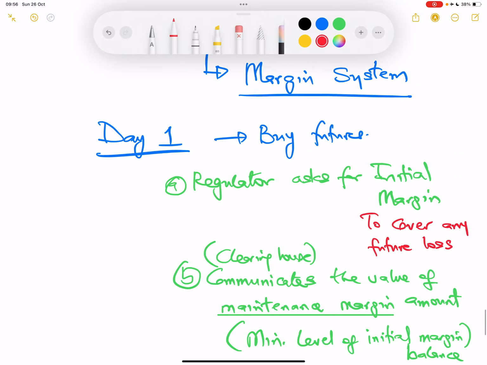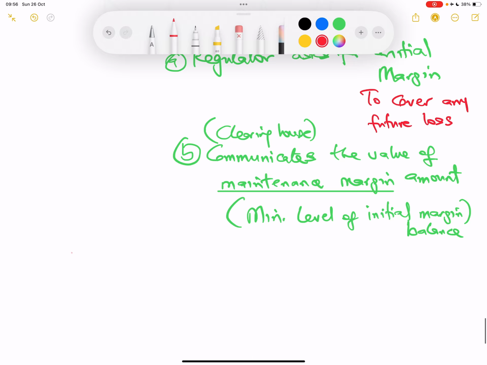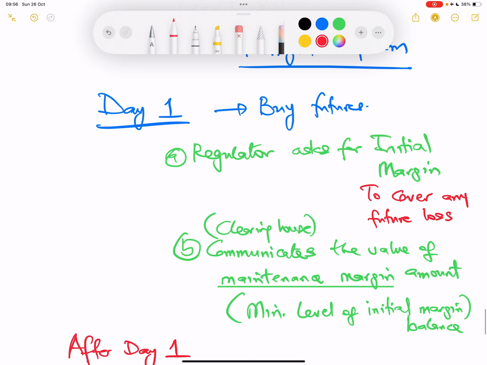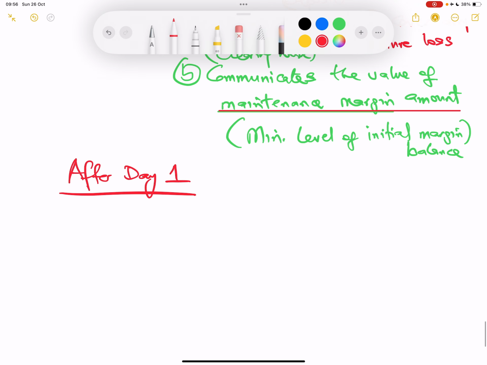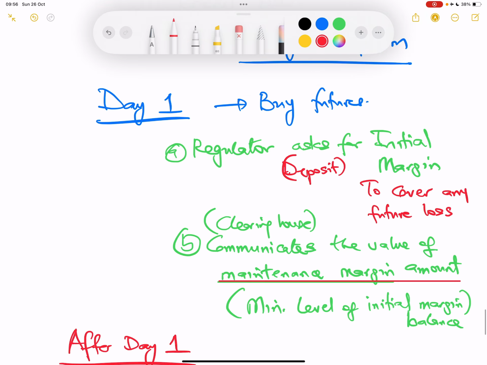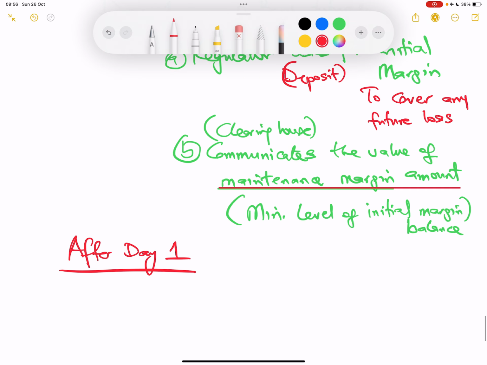And so after day one, remember day one, you have deposited money, and they've told you what your maintenance margin amount will be, which is the level you need to be watching to make sure that you never have a margin balance below.